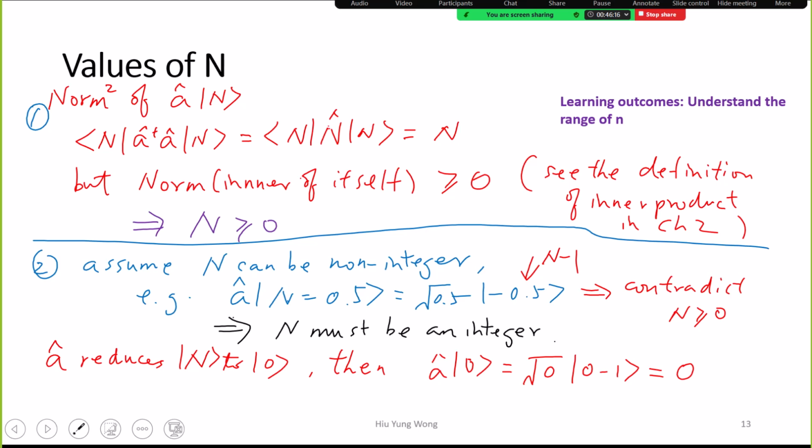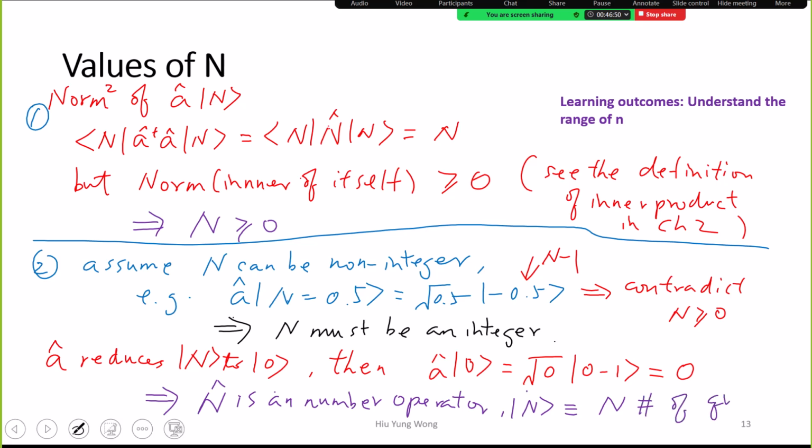So based on this, now we are very confident. So I will say N̂ is a number operator, and N means I have N quanta of energy in this system. Because now everything makes sense.